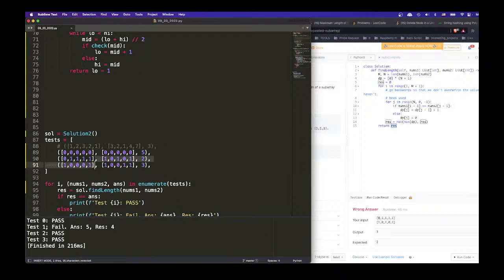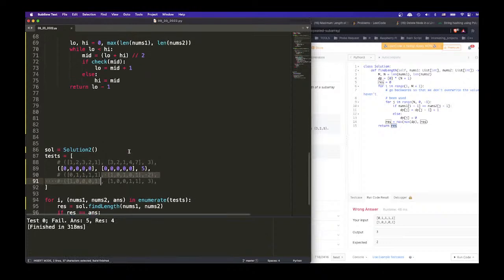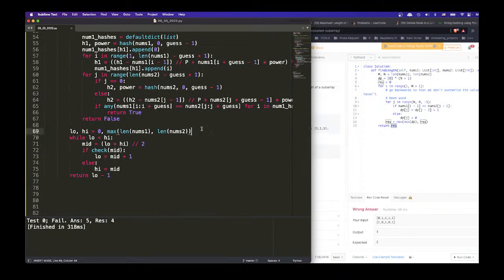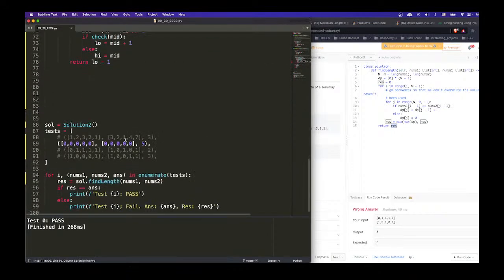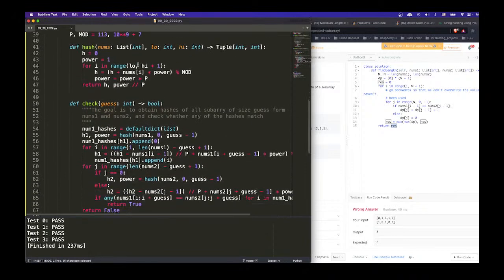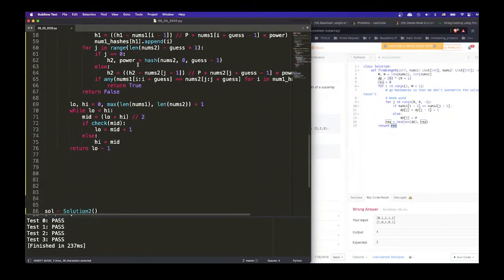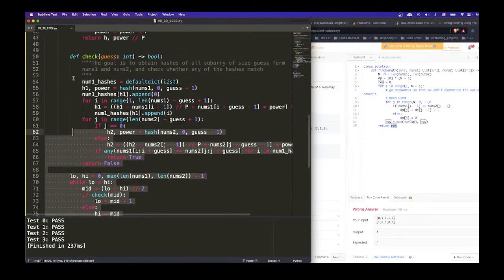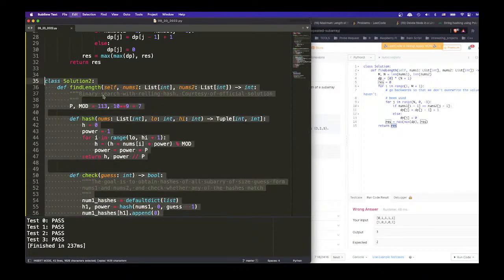Right on all the others except for this one. 4. Maybe we go +1. Have to be bigger. Okay. Rolling hash.